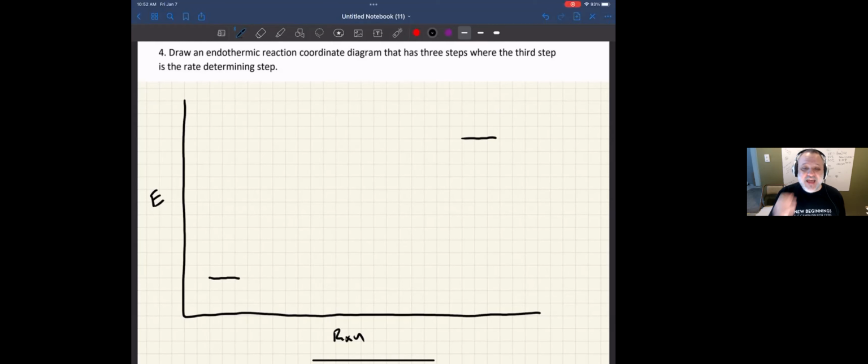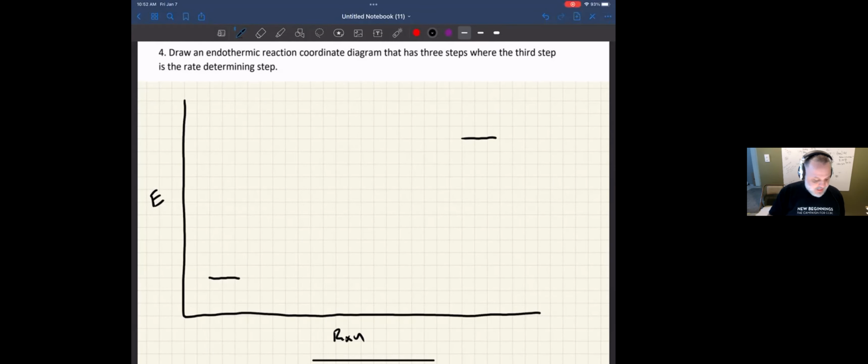It also has 3 steps, which means that there are actually intermediate product or intermediate species between the reactants and products. So going from reactants to products in a general chemistry sense is one step. So this discrete diagram, which I haven't made continuous yet, represents one step.